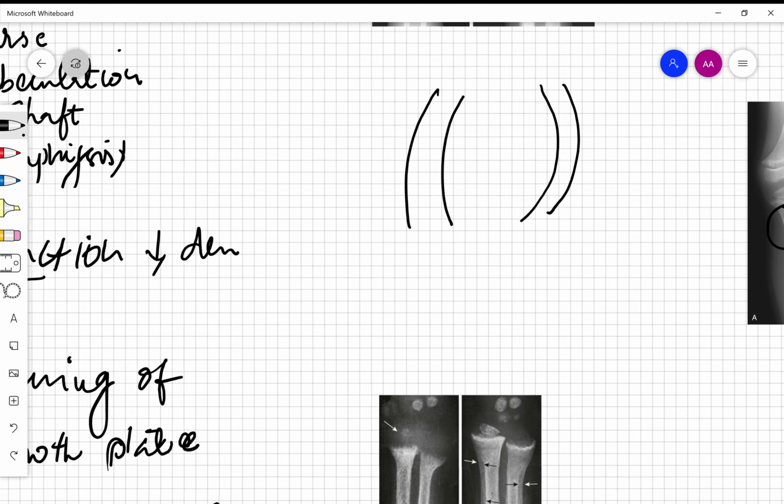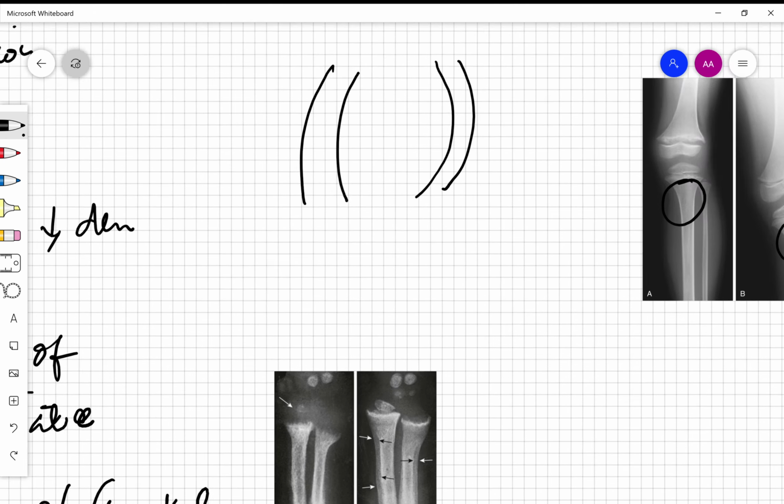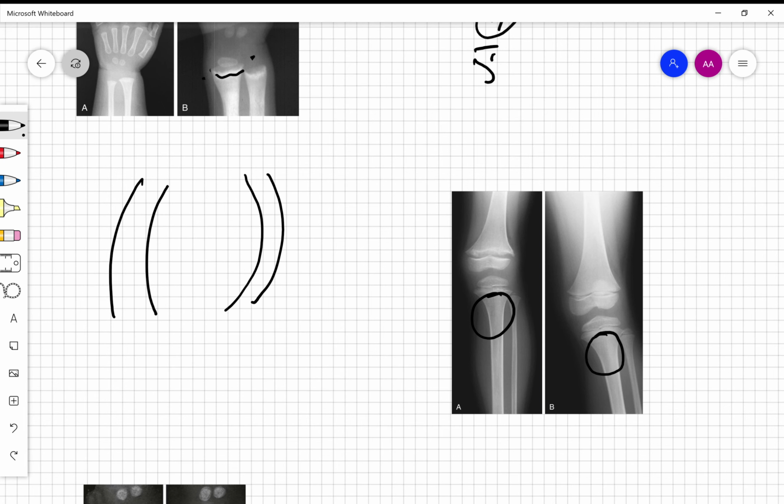Okay, the next finding is widening of the growth plate. This is a very important finding, and to show it I will focus on this x-ray. If you see, this is the growth plate here. This area is too wide compared to this one.